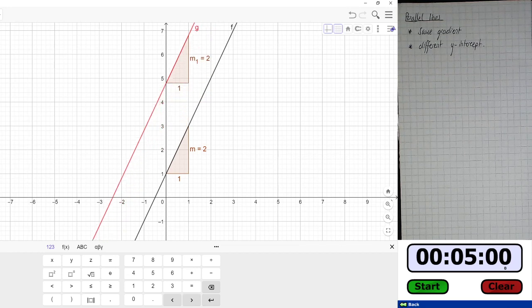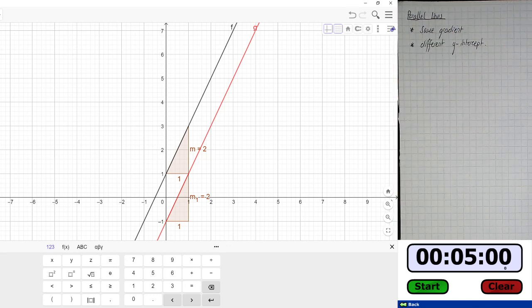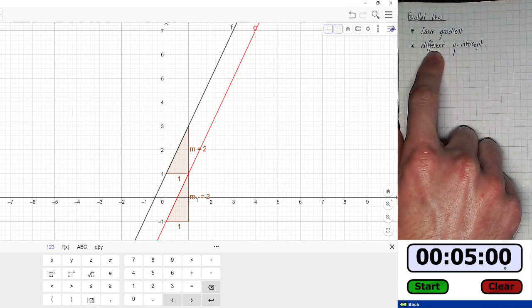It just cuts through the y-axis in a different location, and that's what causes it to be parallel. So they will have the same gradient. The value in front of the x does not change. But they will have a different y-intercept.